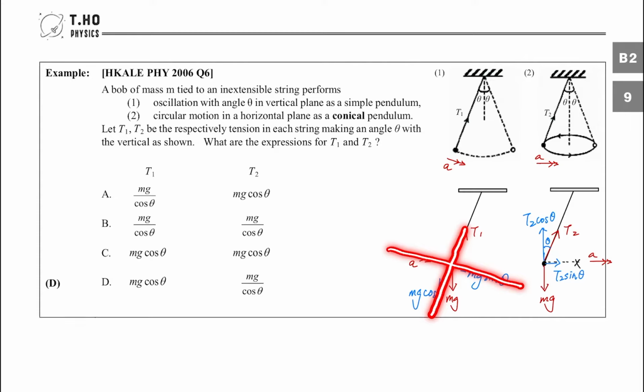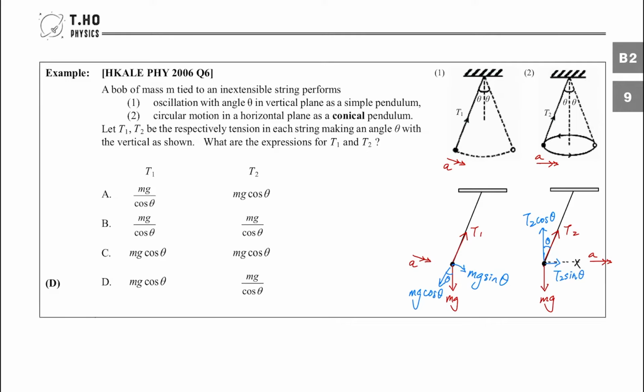So in this situation, we resolve the mg so that all the components will be either parallel or perpendicular to the acceleration. And in this situation, we resolve the T2 so that all the components will be either parallel or perpendicular to the acceleration.